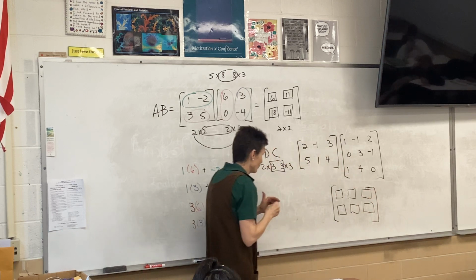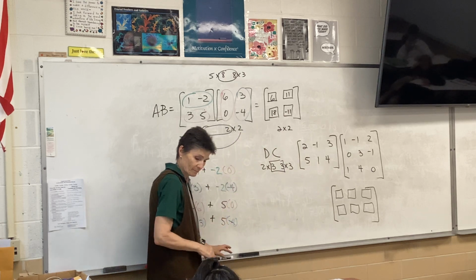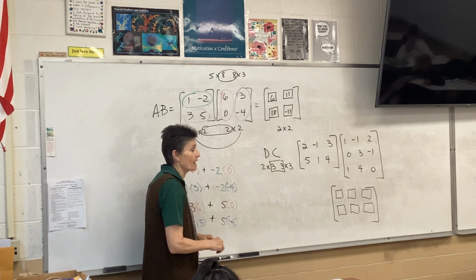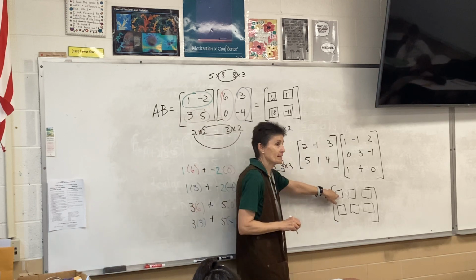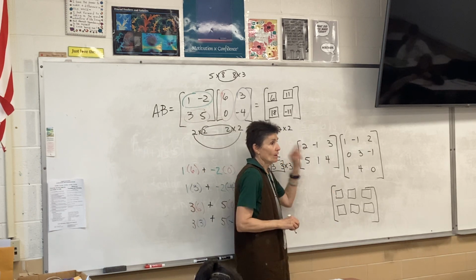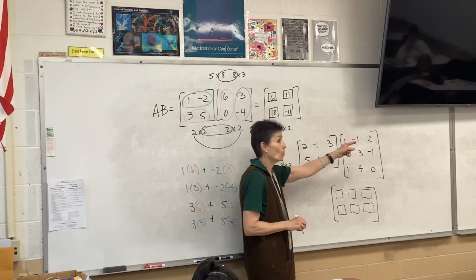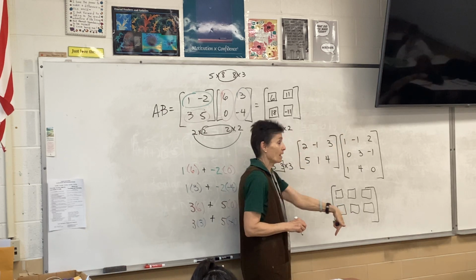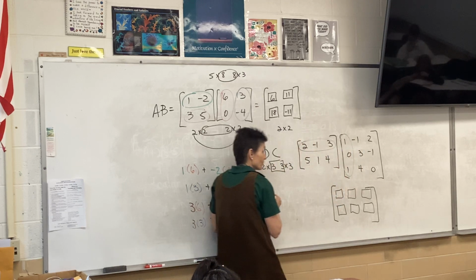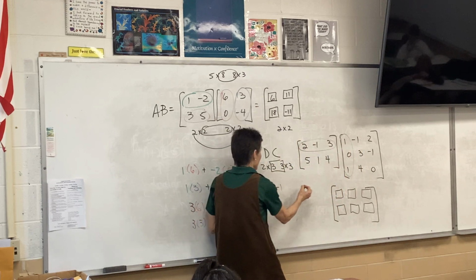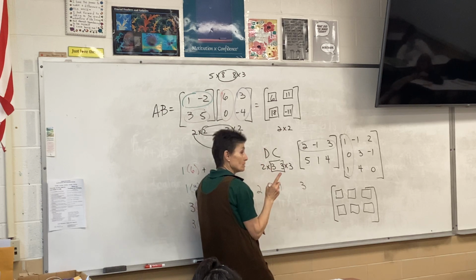Okay, so I'm gonna fill in all those blanks. I'm not gonna color code this time, I think you got the idea. What am I gonna multiply to find this number right here? Always row first, so row 1, column 1. So this guy times this guy. So 2, -1, 3, write your row.